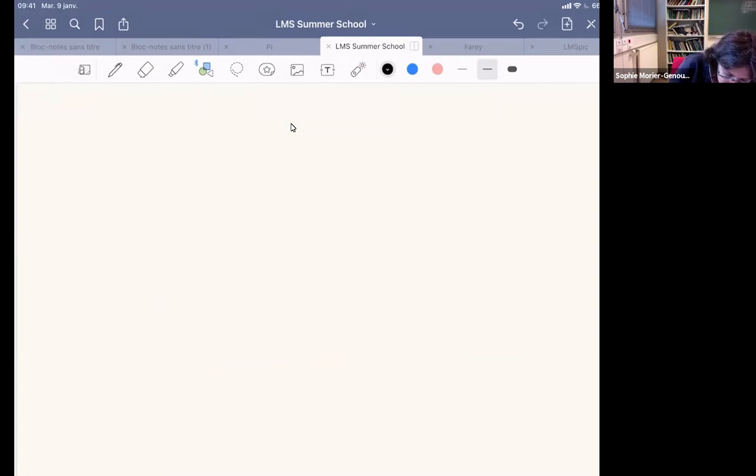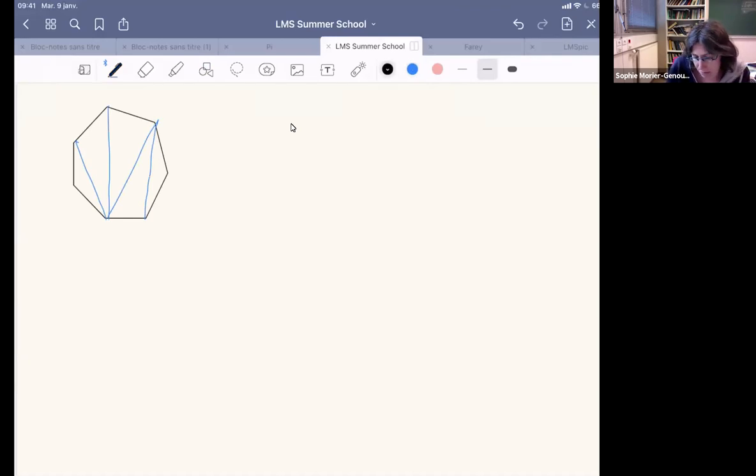So let's draw a triangulation, for instance with vertices 1, 2, 3, 4, 5, 6, 7, and draw any kind of triangulation here. If I have an n-gon and I want to consider a triangulation of an (n+1)-gon, there is something very easy that I can do: I can just glue a triangle.